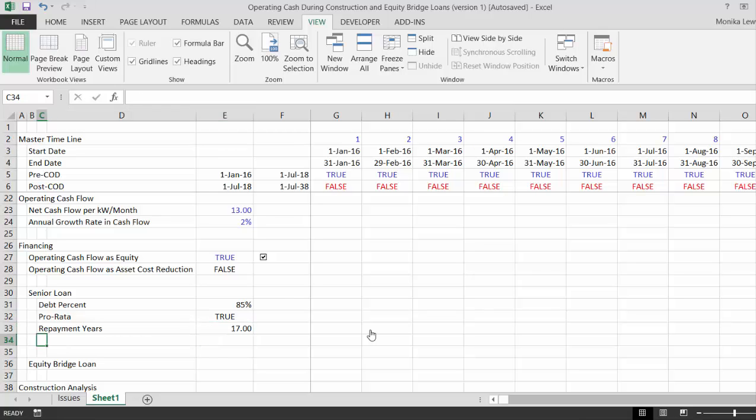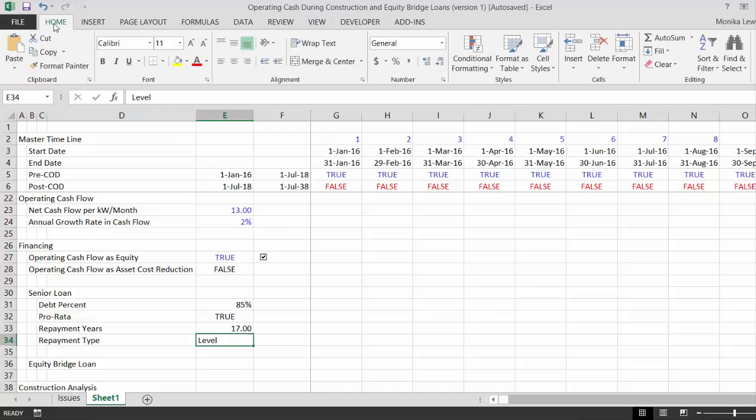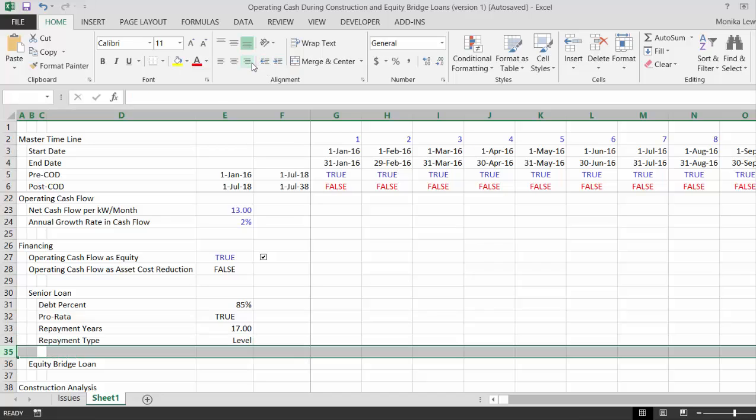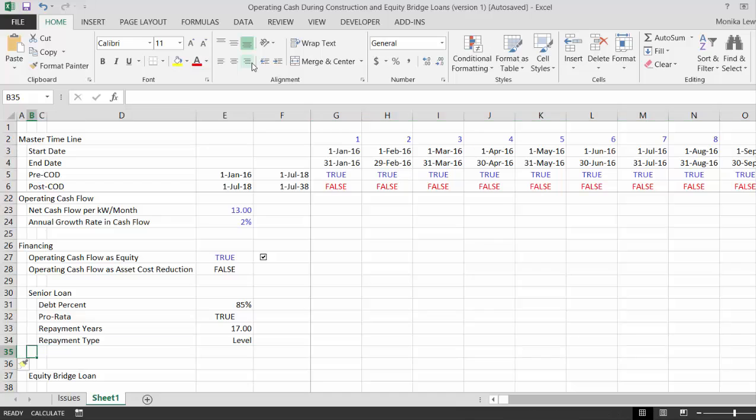And we'll just make the repayment type a level repayment, which should be some sort of fancier input. And then we're going to just make a simple interest rate. We're not going to get fancy. Annual interest rate, let's say, is 4%.